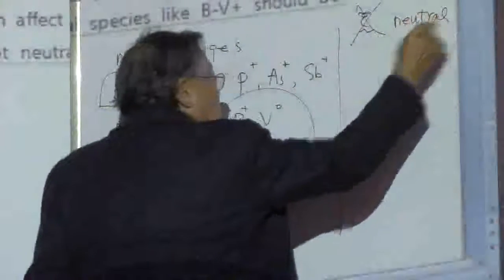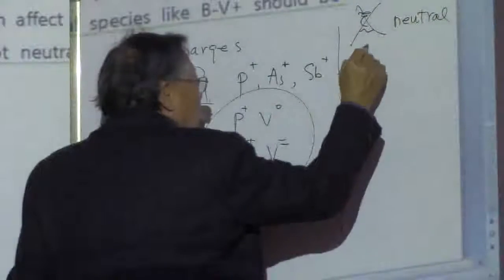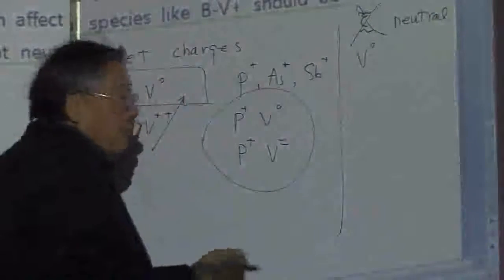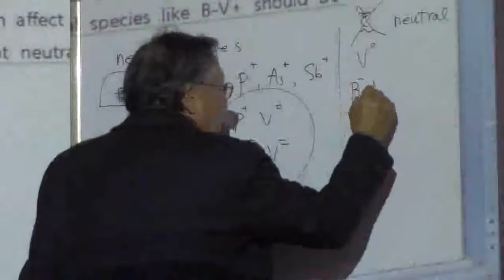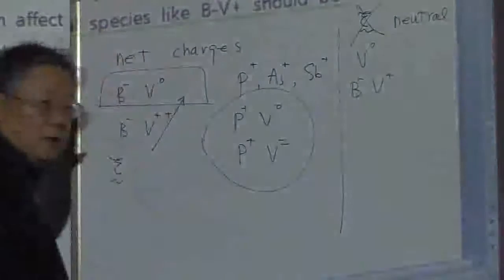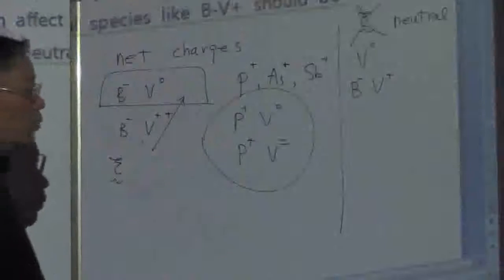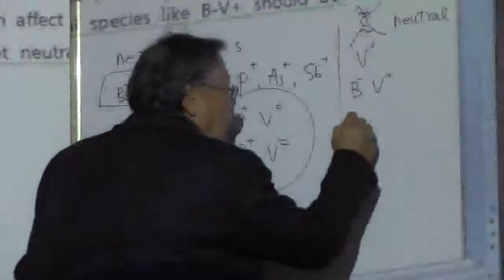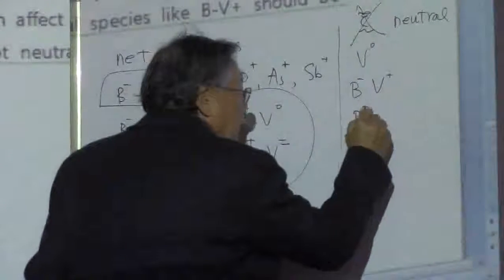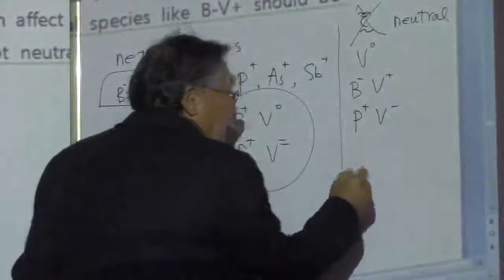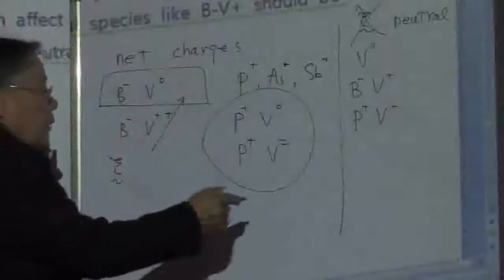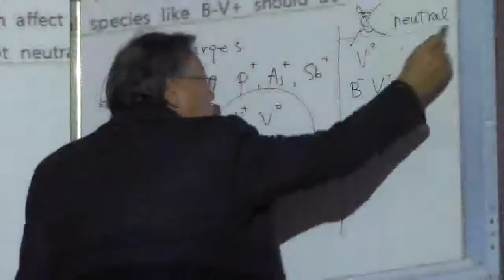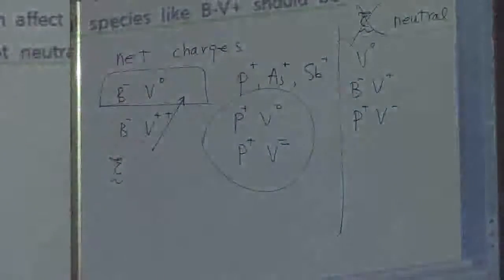The neutral vacancies and B minus and B plus are net neutral, and phosphorus V minus is neutral. So we don't have to consider the electric field effect on those terms.